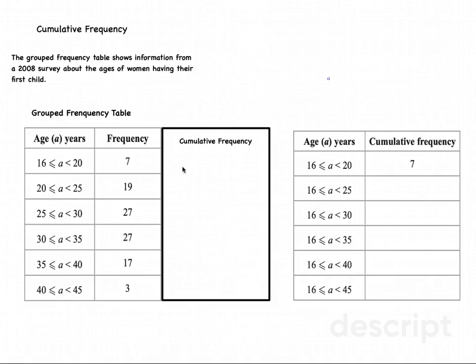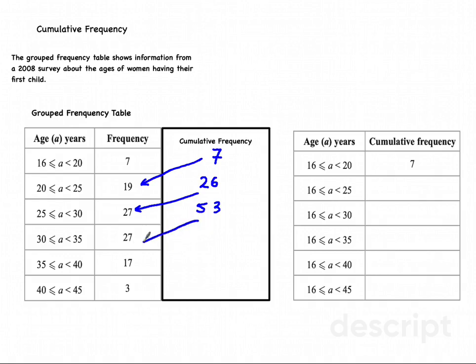We start with the first frequency, cumulative frequency, and frequency will be exactly the same. So here, this is 7. We're then going to add on the next frequency, 19. So this is 26. We add on the next frequency, 26 plus 27 is 53.